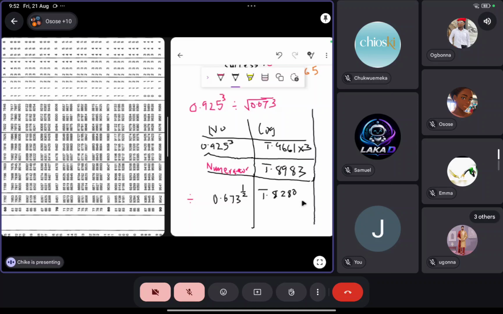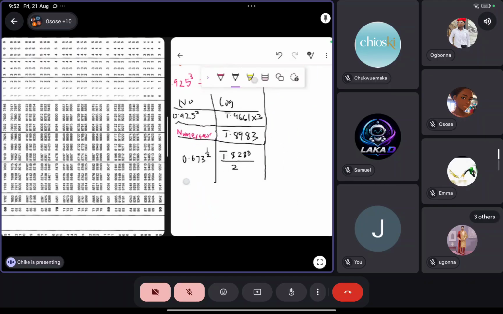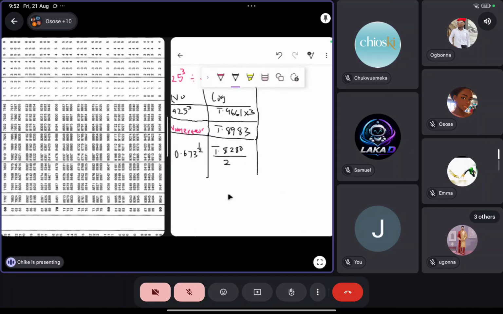Now don't forget this square root, which means it's raised to power half. So that means I'll multiply by half, which basically is the same thing as dividing it by 2. Now this is where you also need to be careful in solving it. So let's take it. Now you have bar 1.8280, and you are dividing by 2.